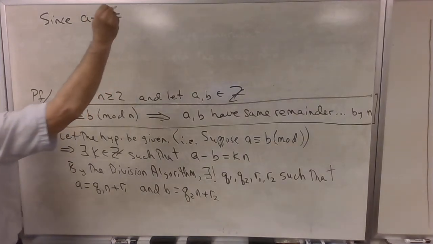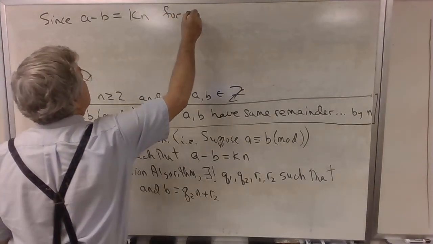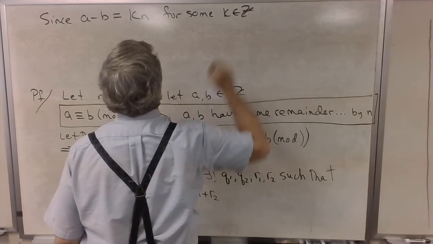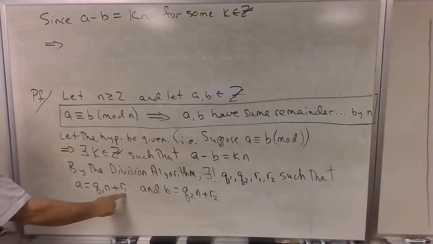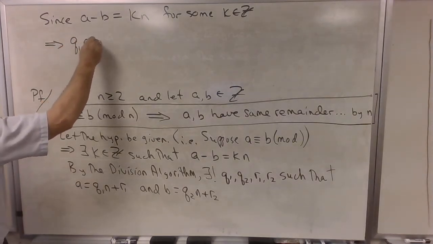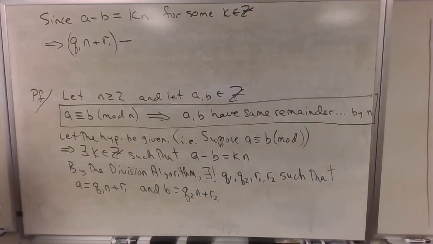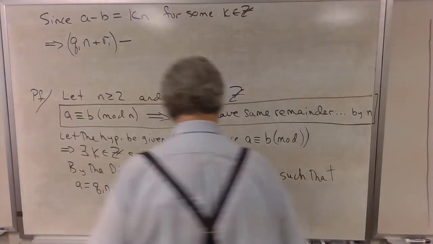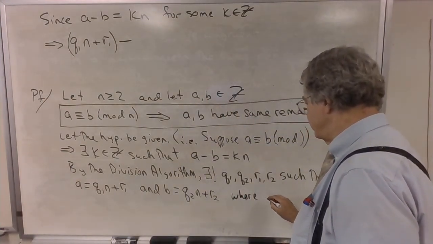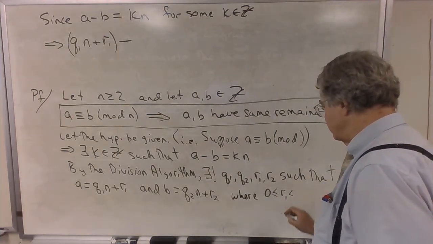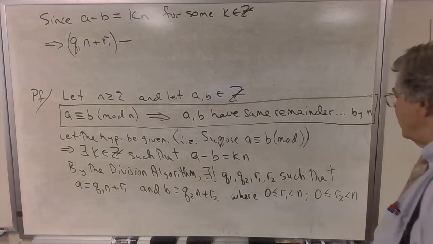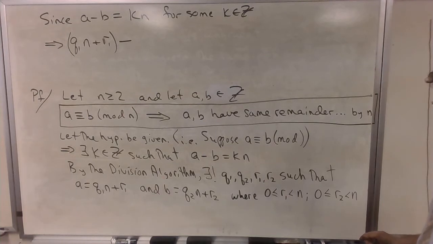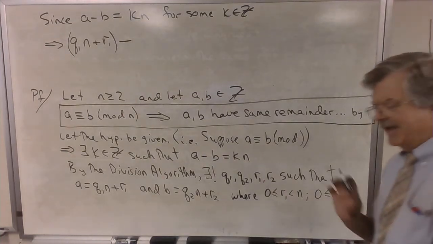Since a minus b is equal to kn for some integer k, this implies that a, which is q1n plus r1, minus... something else we need to say about this. r1 and r2 are both between 0 and n, greater than or equal to 0 and strictly less than n. That's going to be important, I think.